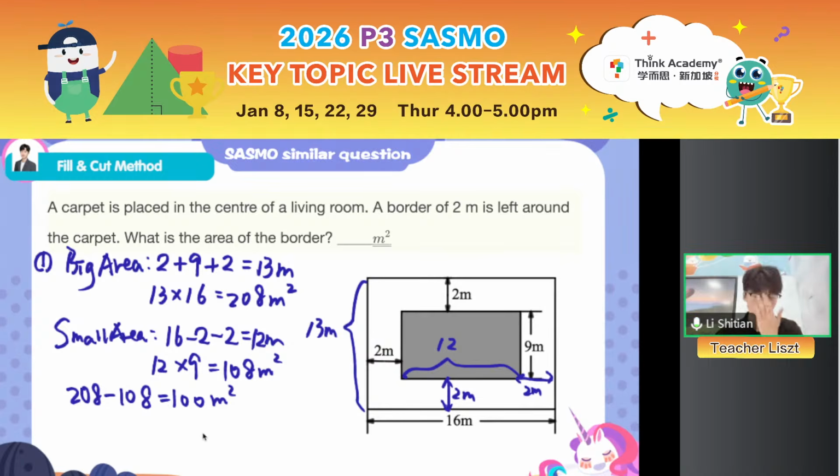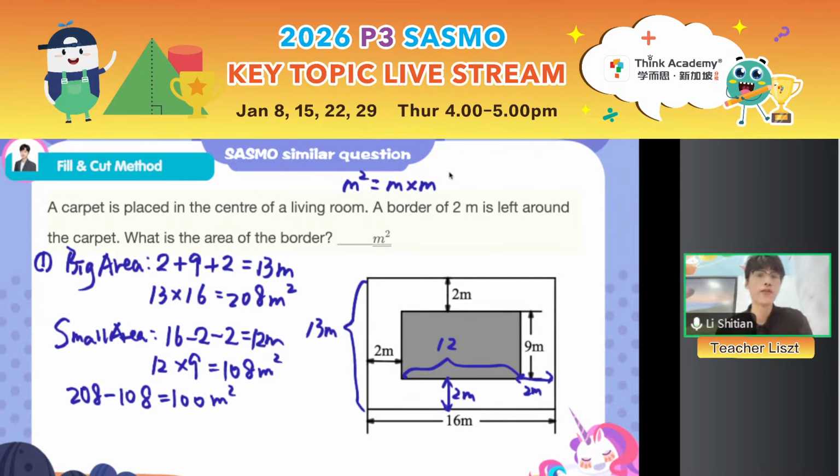So now, why is the unit for the area meter square? Okay, so teacher Liz will tell you that actually the meter square, we can write it as meter times meter. Why? Because if we want to find out the area, we need to use the length times breadth, or the length times length, right?